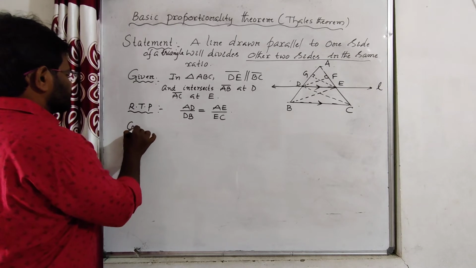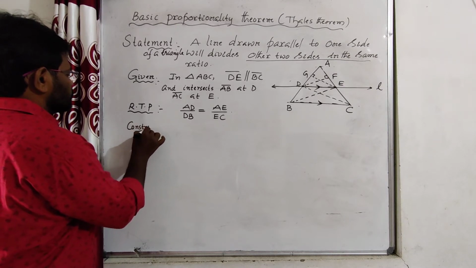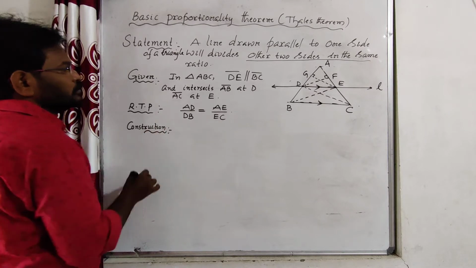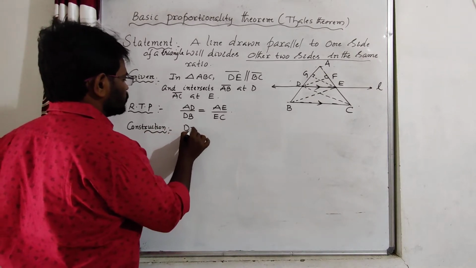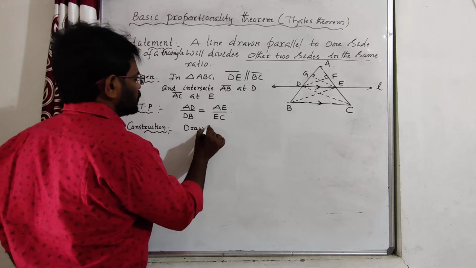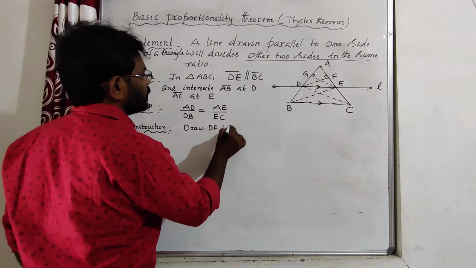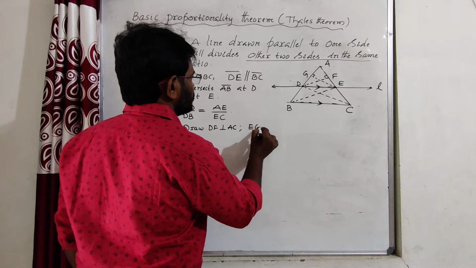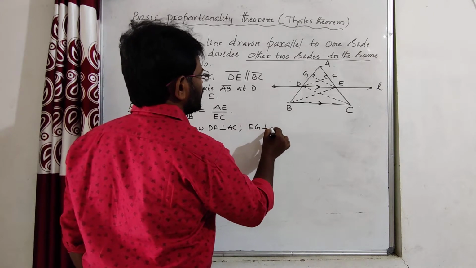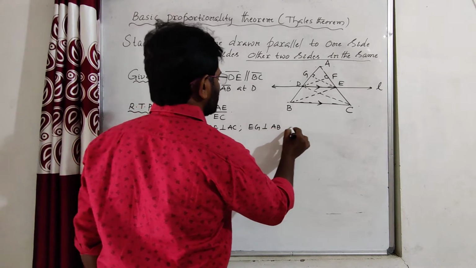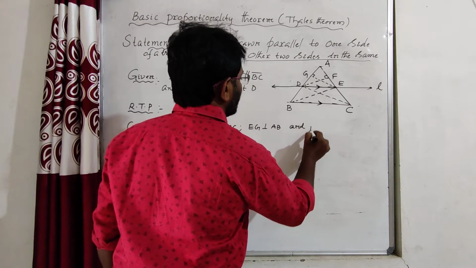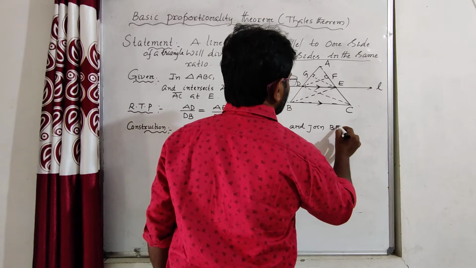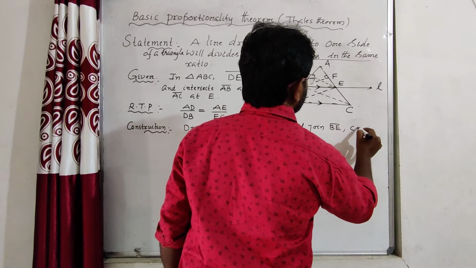So construction: draw DF perpendicular to AC, EG perpendicular to AB, and join BC.